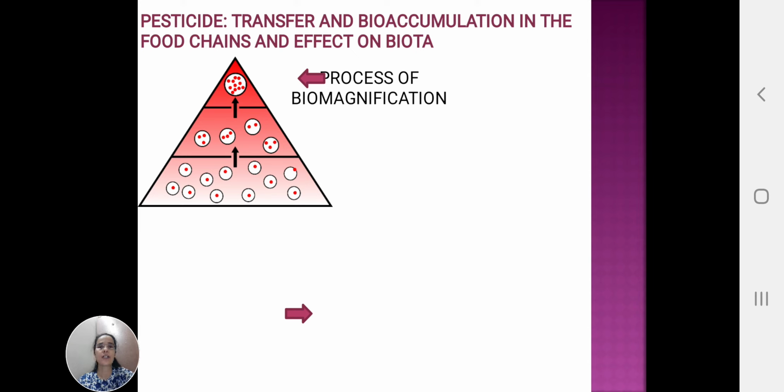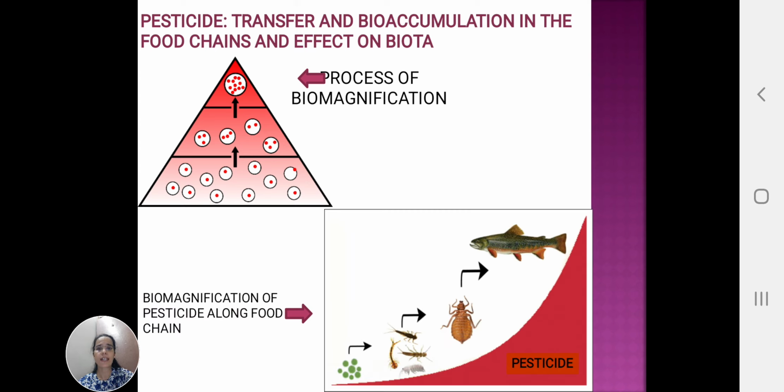As you can see here that the individuals are represented by the circles, they have lesser concentration of pesticide, but as we travel upwards to the trophic level, the pesticide concentration increases, which is known as biomagnification, which is also revealed from this diagram, whereby the pesticide is biomagnified along the food chain. Its concentration will be highest in the fish as compared to the insects shown below.